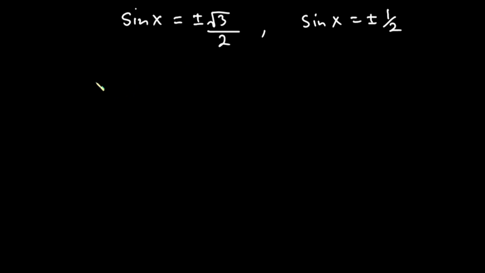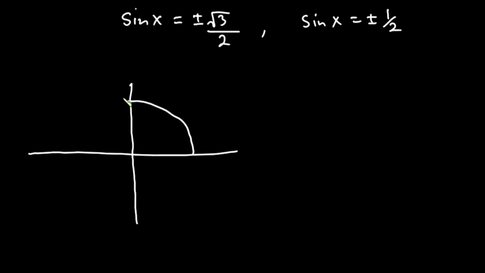First, let's draw the Cartesian plane. Then on this Cartesian plane, we're going to draw a unit circle. A unit circle is a circle with radius 1 unit. So this point is going to be (1, 0). Here is going to be (0, 1). This point is going to be (0, -1).